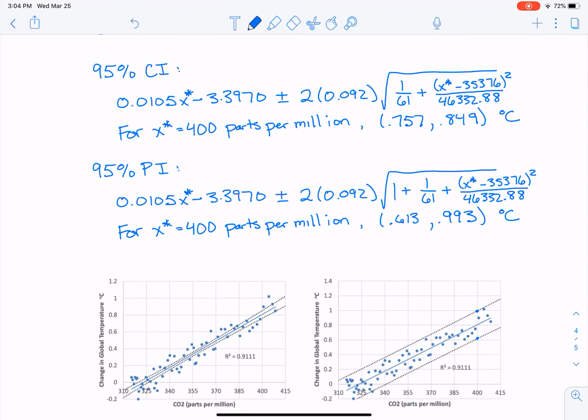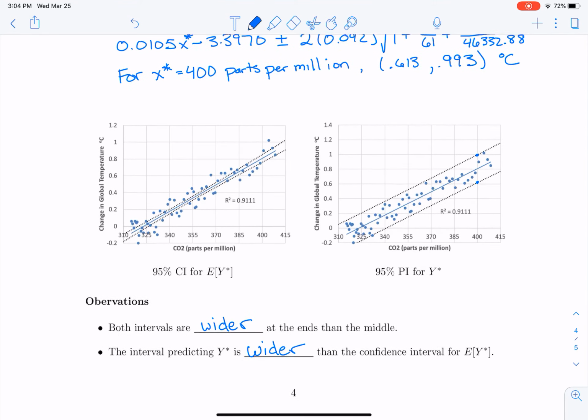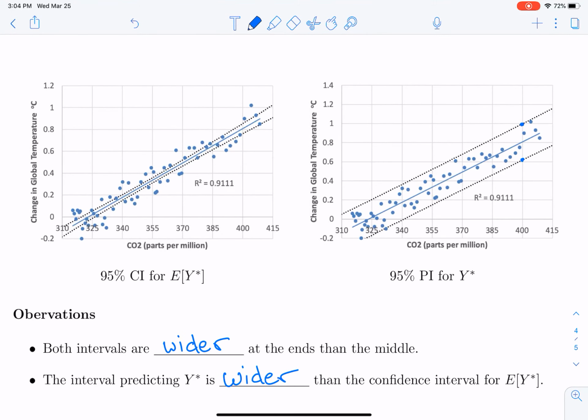So let's look at these two graphs. You'll see that the 95% confidence interval for the mean, notice that it's the narrower of the two intervals. It does not contain many of the data points because it's supposed to be predicting the mean, or the regression line.